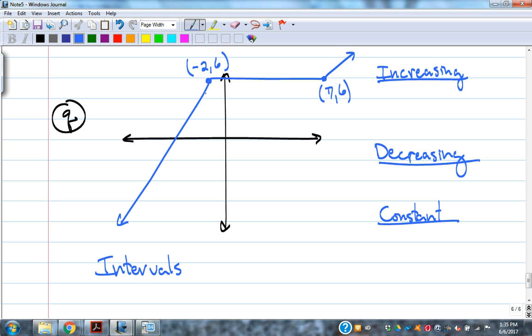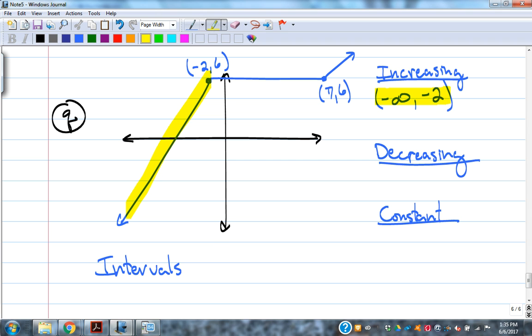The interval for that particular part of the graph is from negative infinity up to what x value? -2. Okay? So that's an increasing interval. This piece right here is an increasing interval.